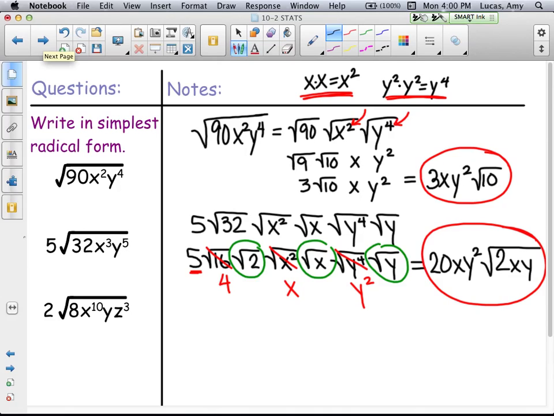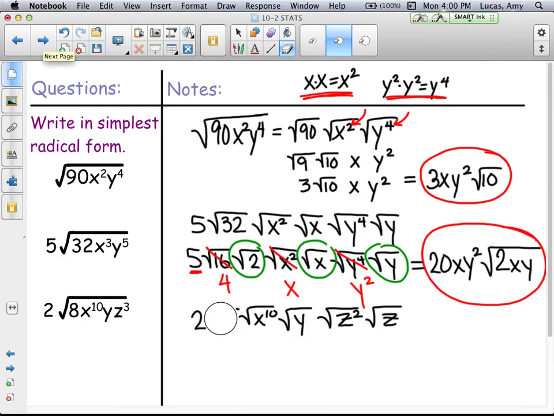Okay, last one. 2, the square root of 8, square root of x to the 10th, square root of y, square root of z squared, and then I'm going to go with that separate z because that one was odd. And then 8, I'm actually going to change this to 4 times 2.